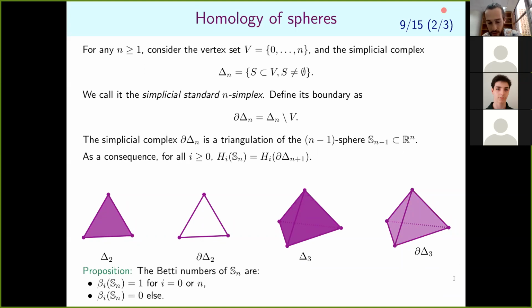Okay. I will do the same with the sphere of dimension 3. Beta 0 is 1, beta 1 is 0, beta 2 is 0, and beta 3 is 1.